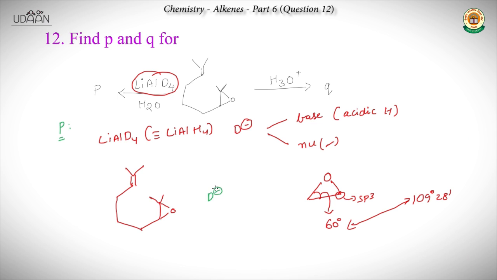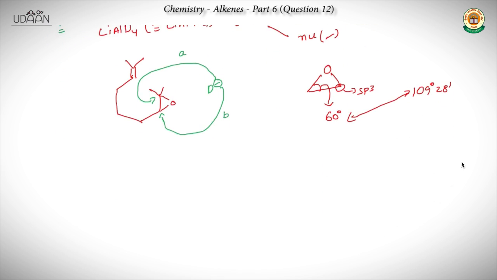so to relieve it from strain, D- can attack either from this one, let's call it side A, or at this side, let's call it side B. If it attacks on side A, you will get this one. You have two methyl groups attached here.